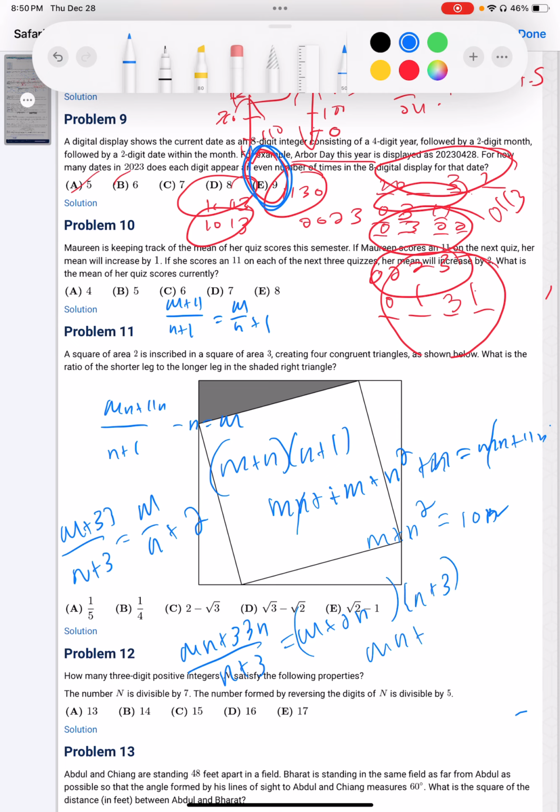Mn plus 3n plus 2m plus 2n squared plus 6n. That's going to equal mn plus 3n. Because of that, so it's going to be 7n, 3n, 2n squared. Okay. Now what?